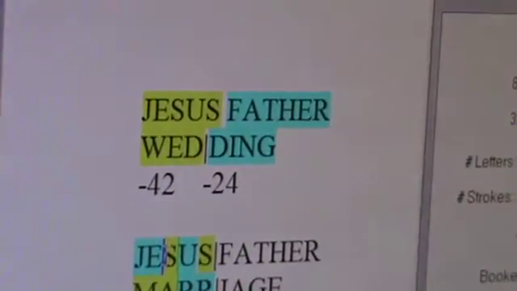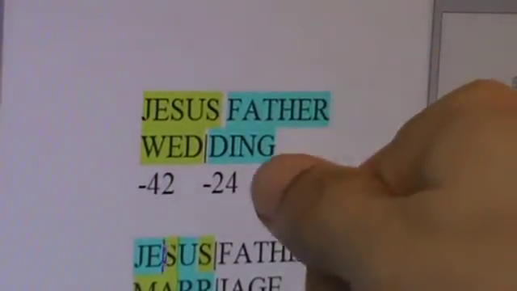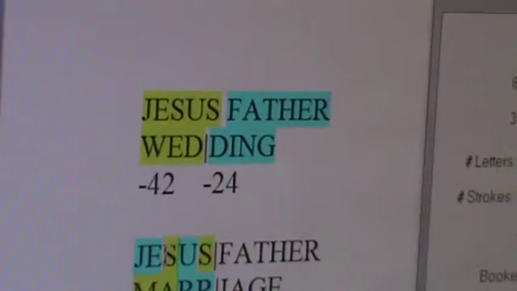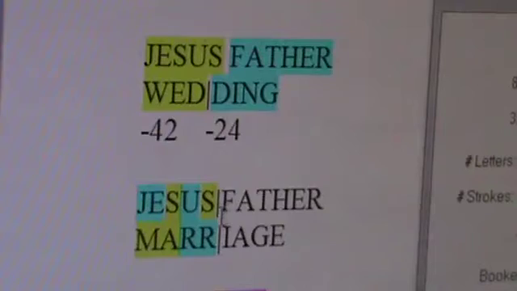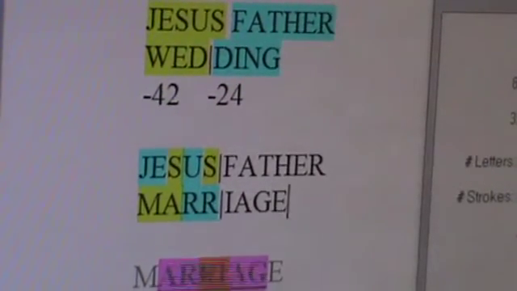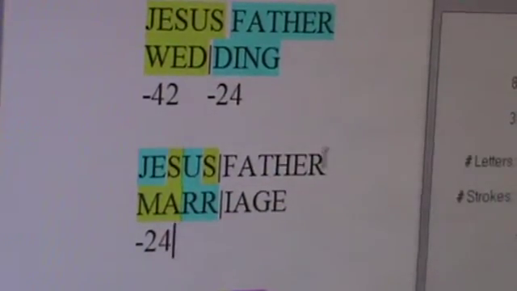Today's Saturday, many people are having weddings today. Jesus takes the word wed, Father takes the word ding, in beautiful parallel offsets there. And that is basically the same thing that they ordained in marriage. So to write the offsets, now this is Jesus minus 24, and this is Father minus 36.